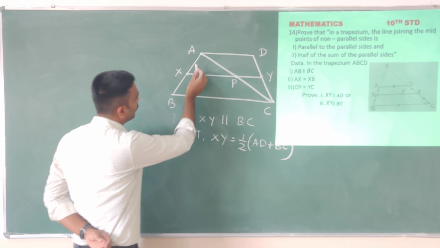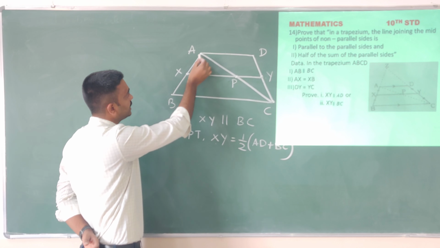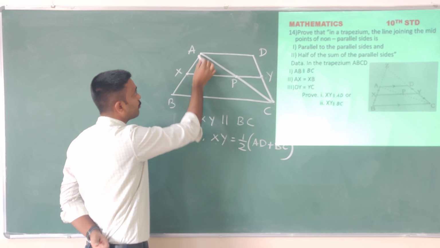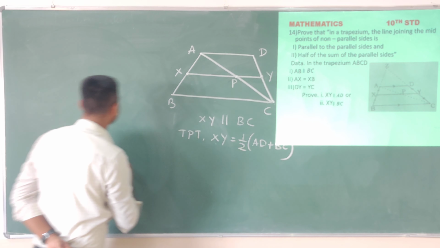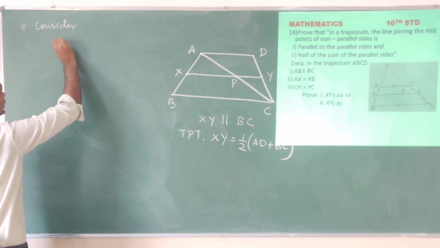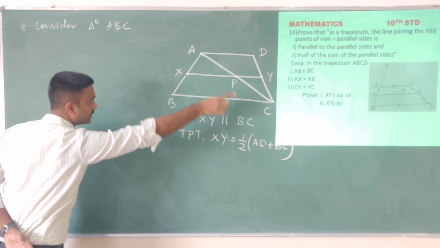After joining these two points, the trapezium becomes two triangles: triangle ABC and triangle ADC. First consider triangle ABC after joining A and C.